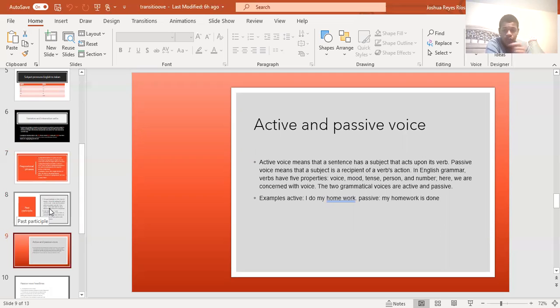The two grammatical voices are active and passive. An example of an active voice is: I do my homework. See how I said it, making you think I am doing my homework while I'm speaking to you. Now, an example of a passive voice is: my homework is done.